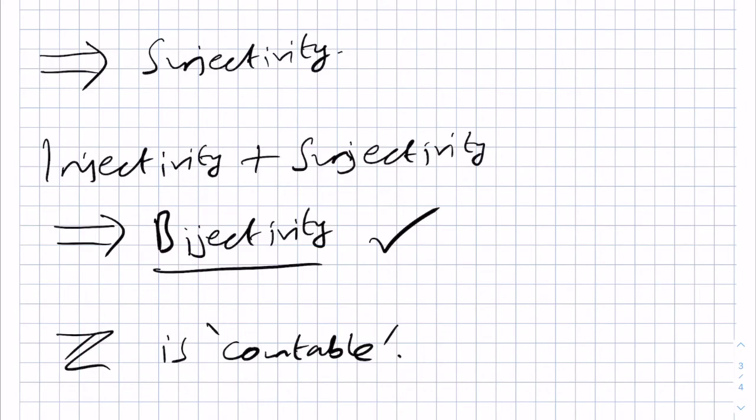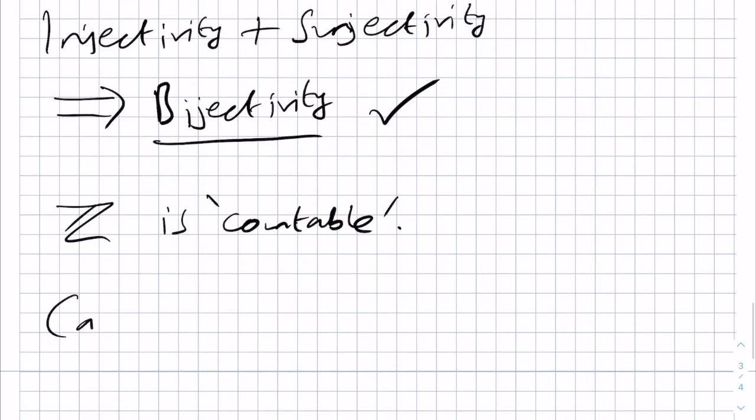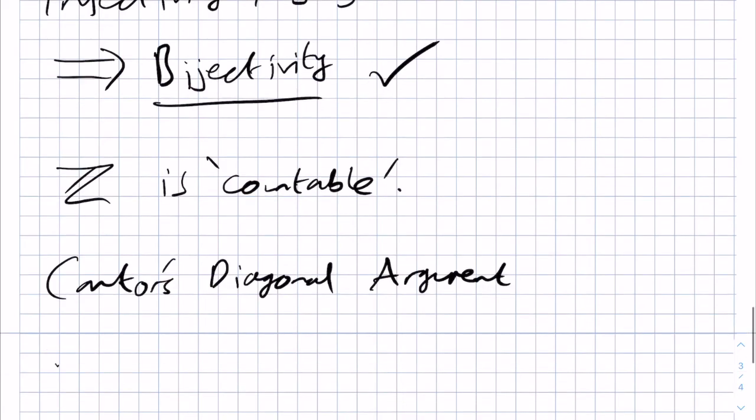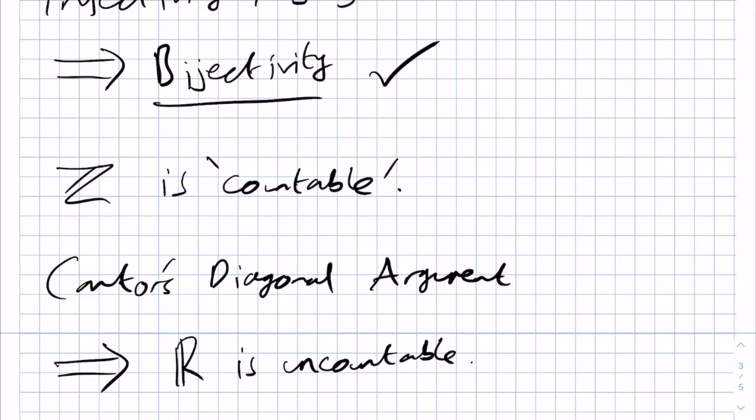For a demonstration of why the real numbers R are uncountable, in fact, see Cantor's diagonal argument. Cantor's diagonal argument is a classic example within the field of countability, and it's worth seeing at least once.